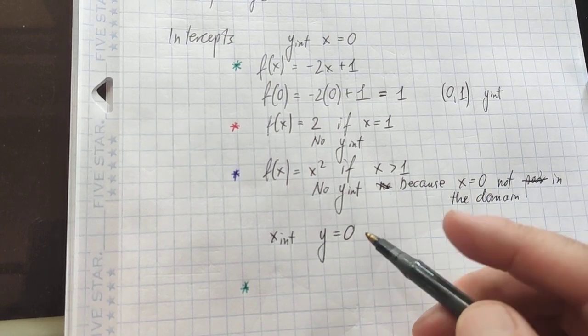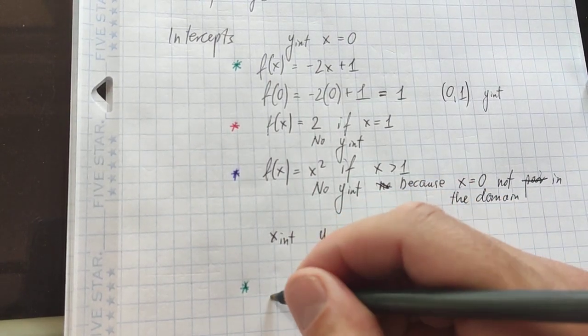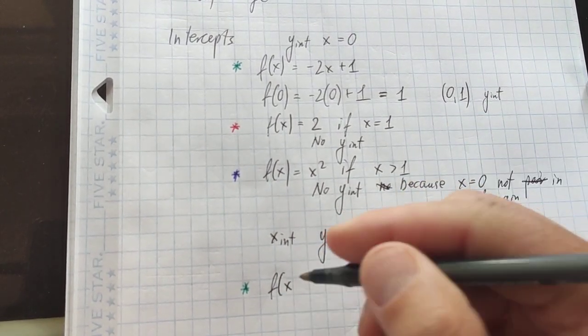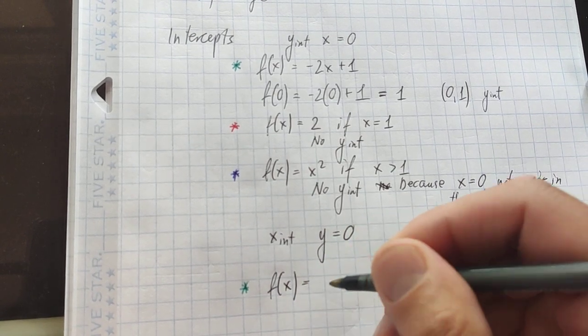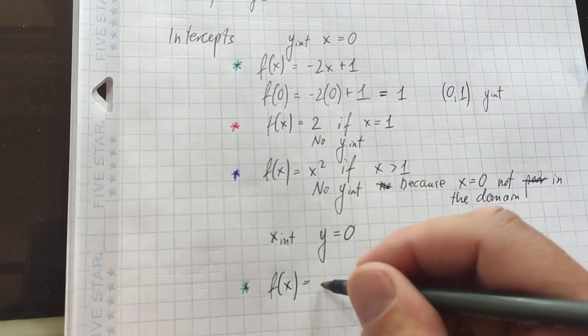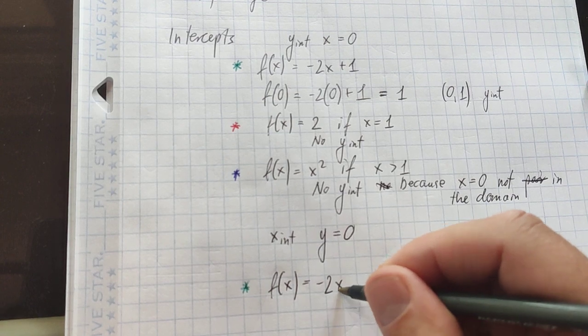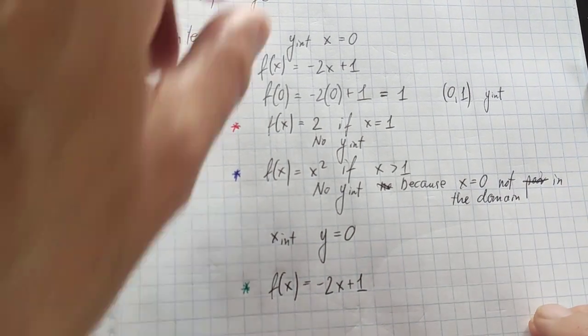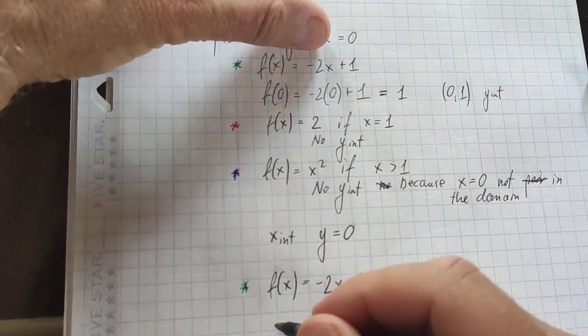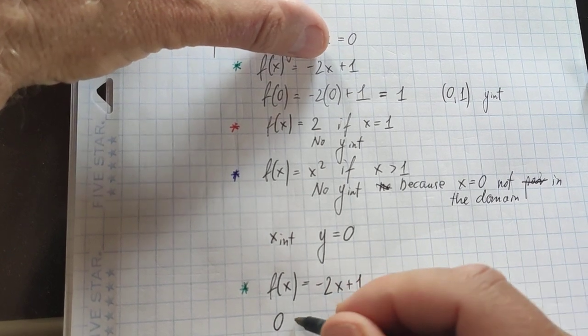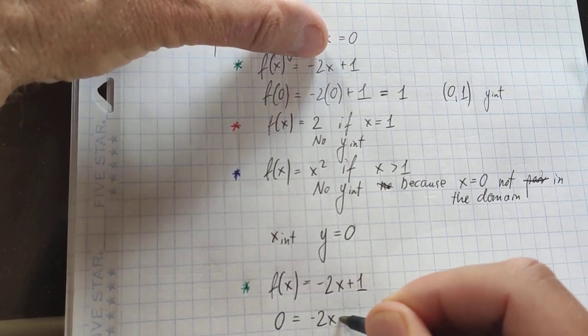So y needs to be 0. My function is f of x equals negative 2x plus 1. So this is y. Then I write 0 equals negative 2x plus 1.